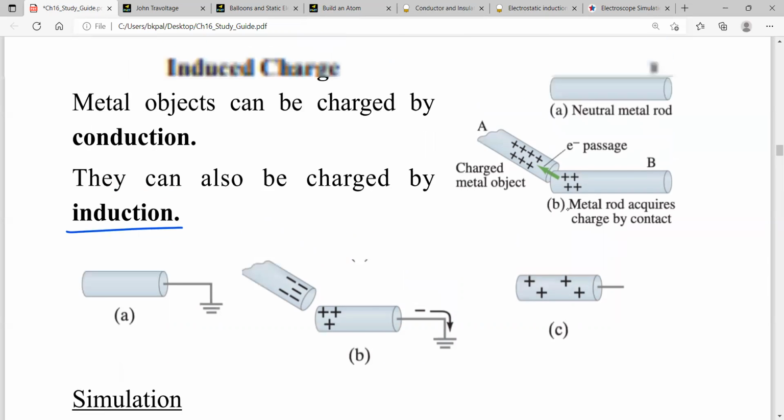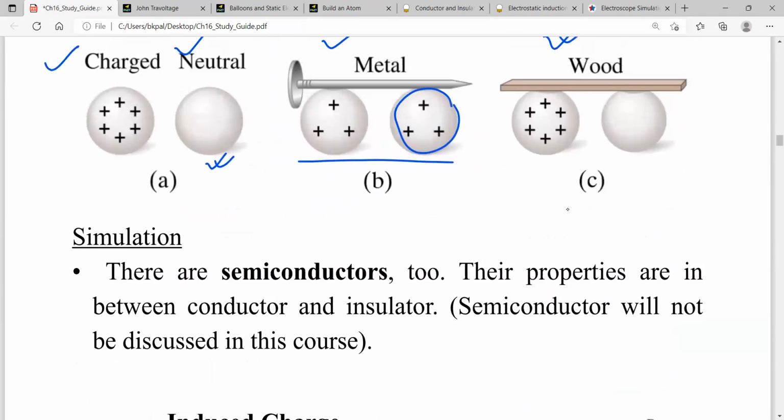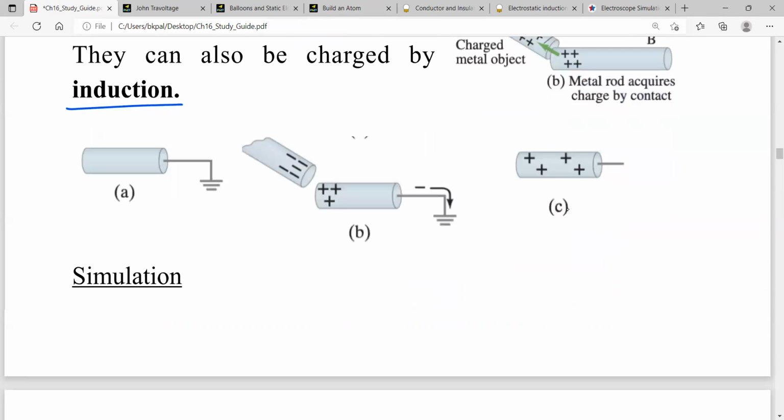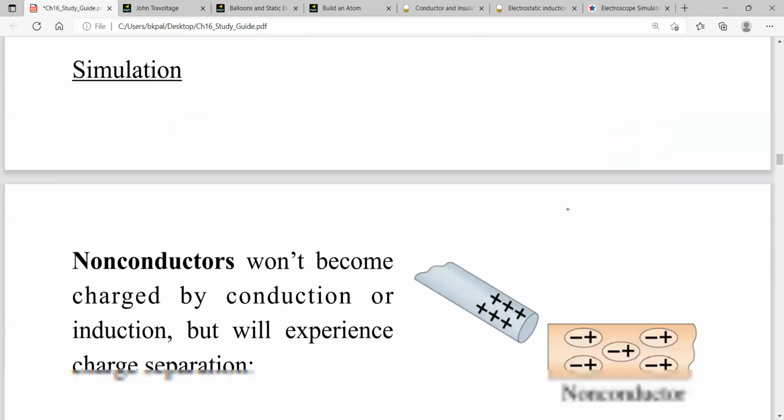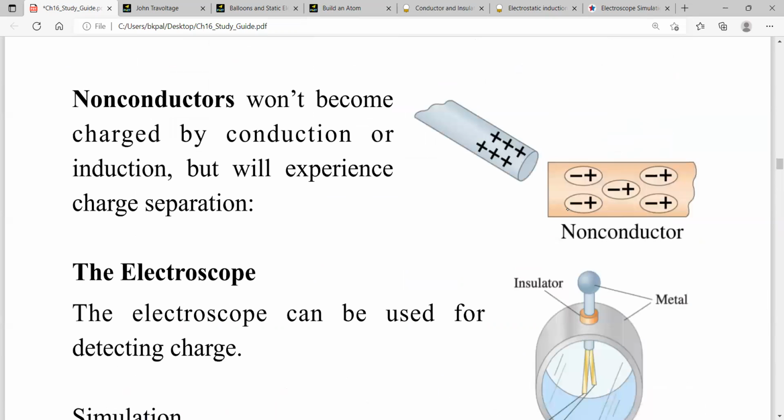So conduction is touching. Here, or in the simulation, we see conduction and induction. A non-conductor won't become charged by conduction or induction, but it will experience charge separation.